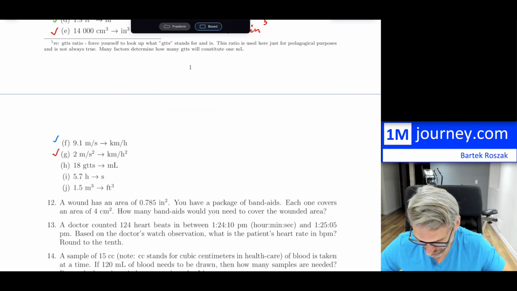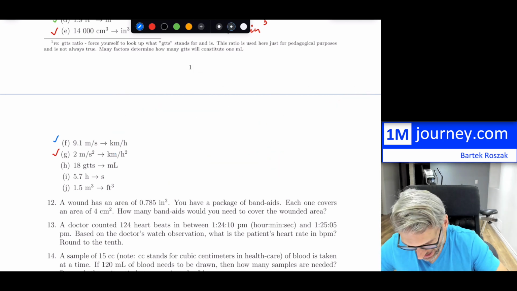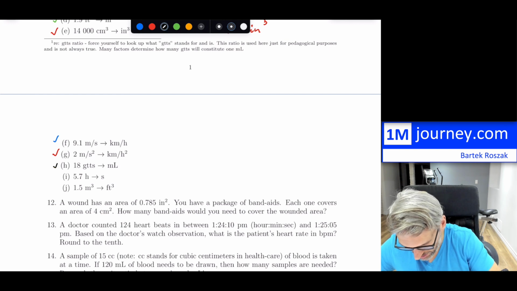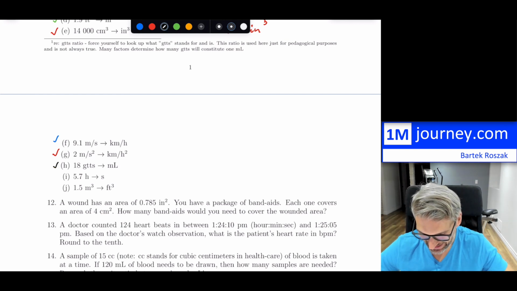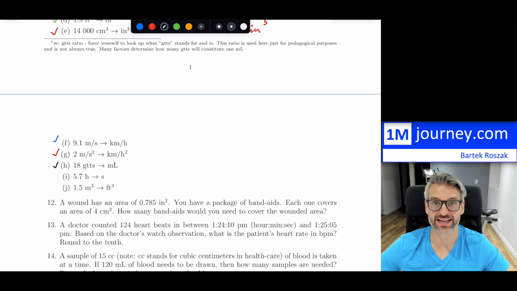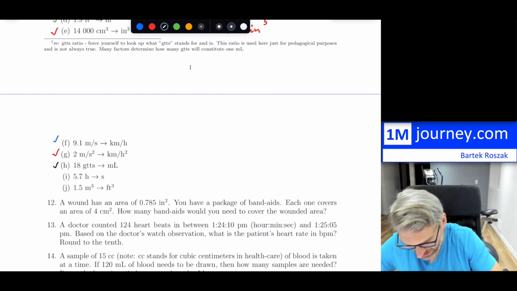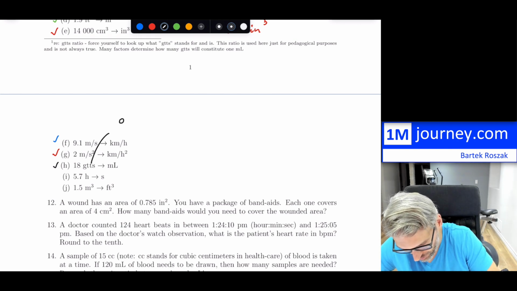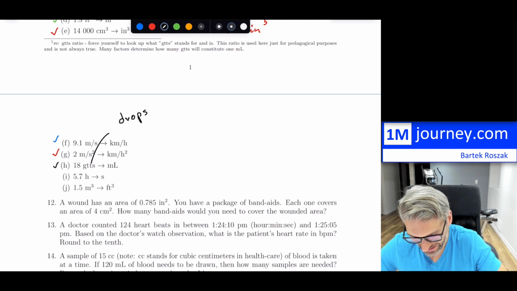All right. So now for the next one, that's this one, 18 GTTS into mL. Now you might have no idea what GTTS is. This actually is a shorthand, it's Latin and it means drops. So 18 drops.